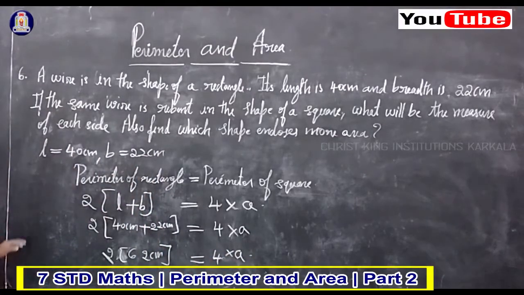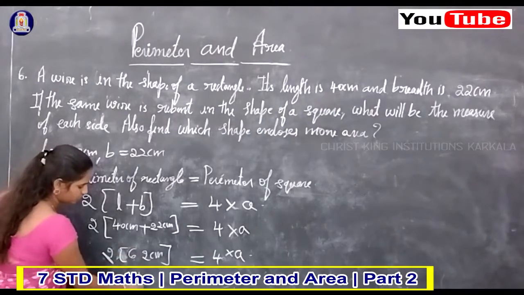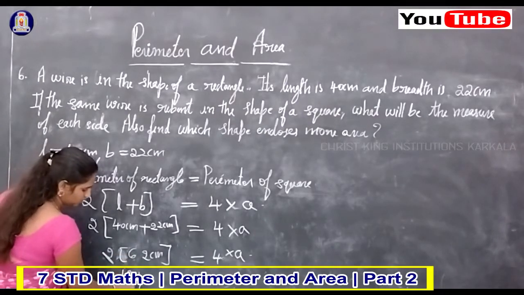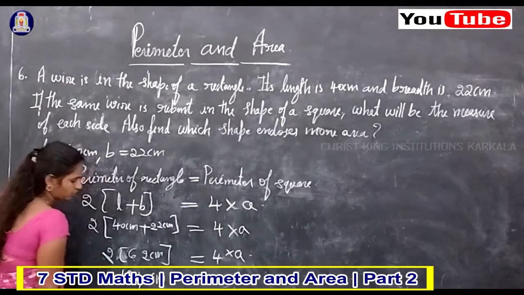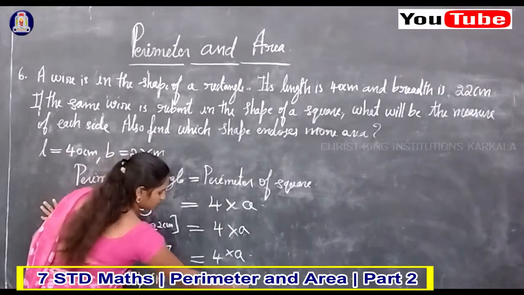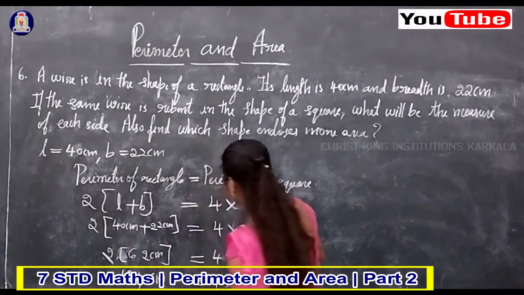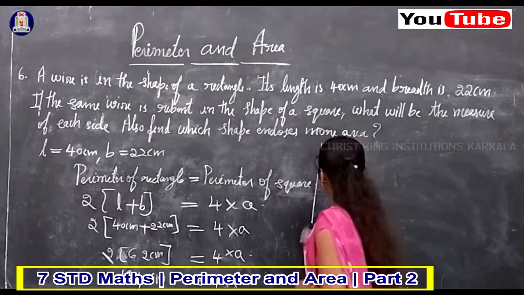So 2 into 62: 2 twos are 4, 2 sixes are 12. So 124 centimeter is equal to 4 into a. Now we can find a.